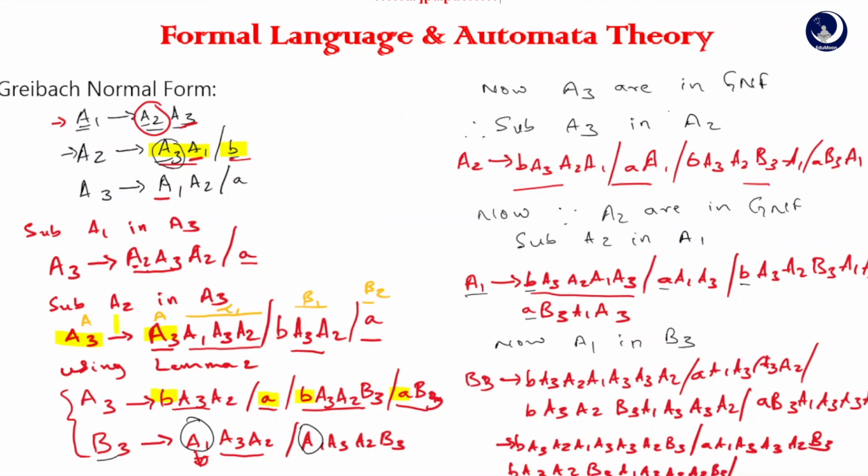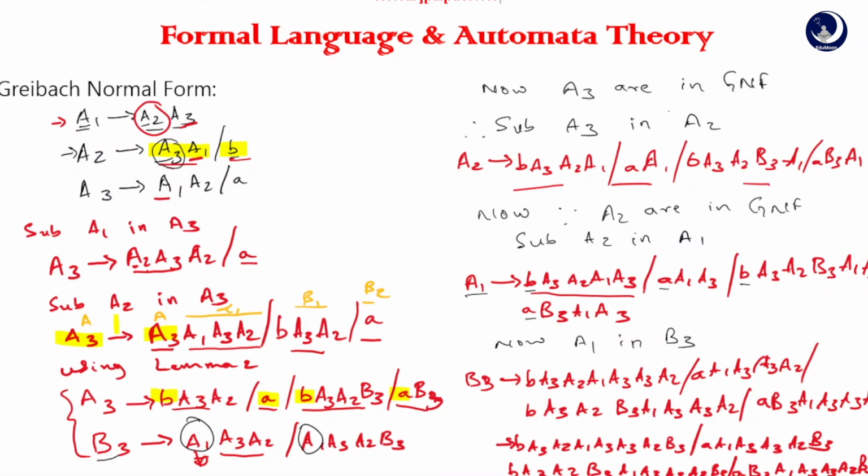The last one is A B3 A1 A3 A3 A2 B3. So this is how we convert the equivalent grammar into its GNF form.